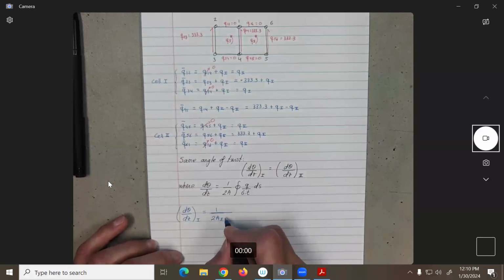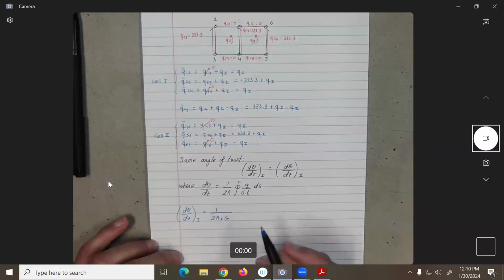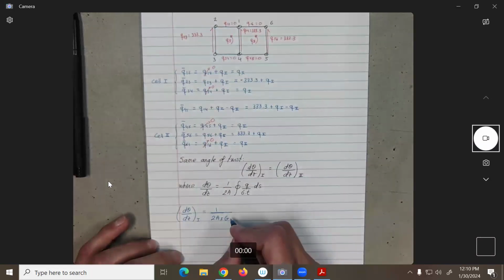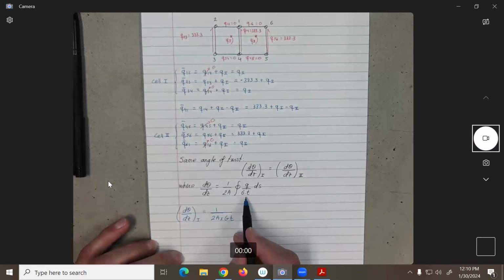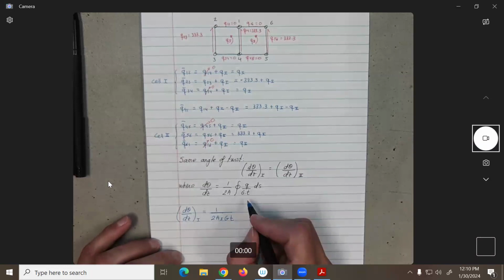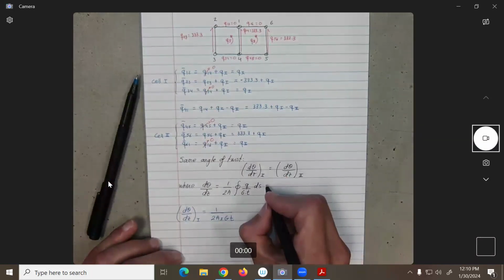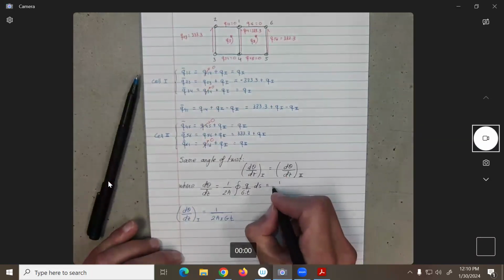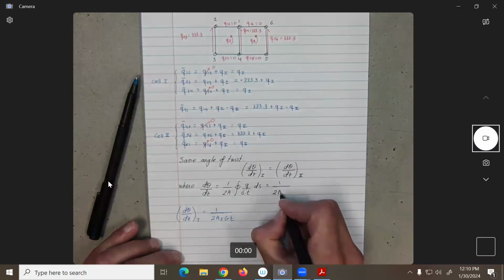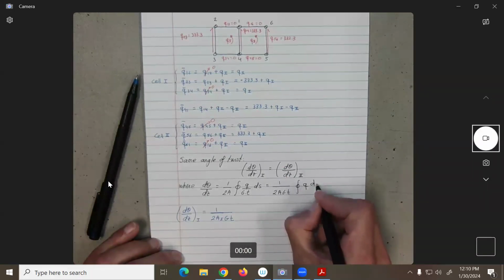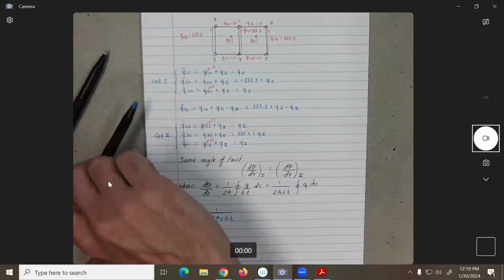So I can maybe put here the G. And the thickness of the panel along all the edges is the same. So I can factor out the GT, I can put it outside, no? Okay? So basically now what I need to do is the integral over here around the q ds. Okay, so basically what I'm doing in this case, I'm writing 1 over 2 A GT q ds, no?